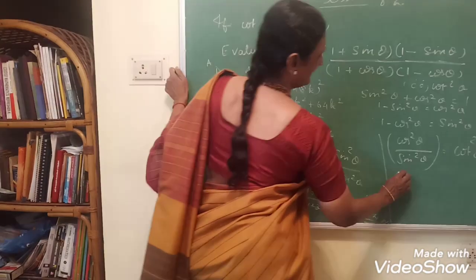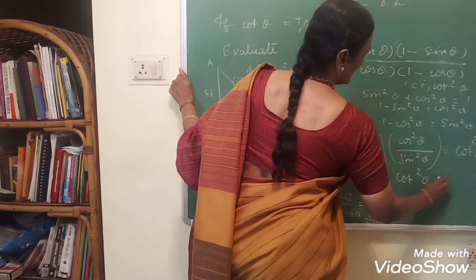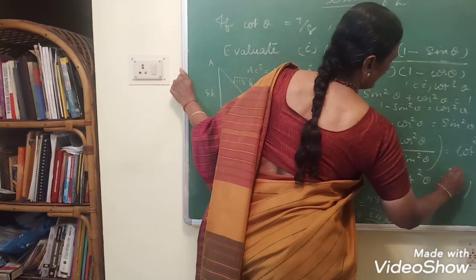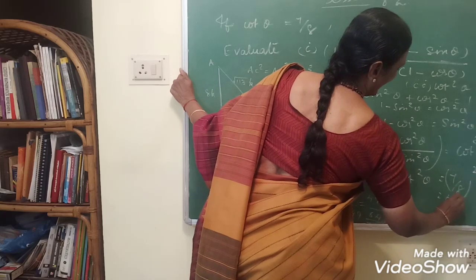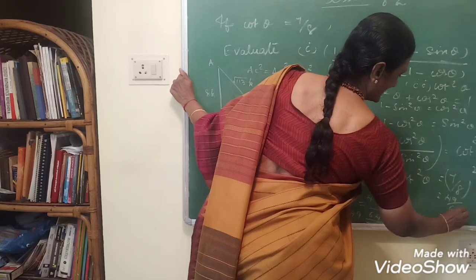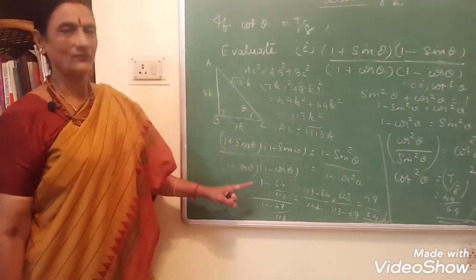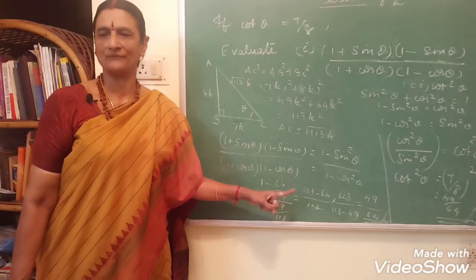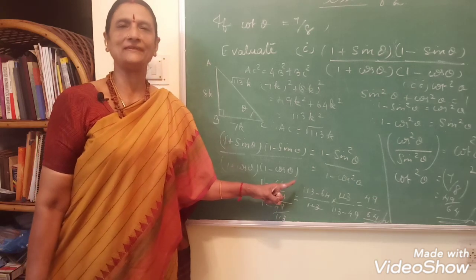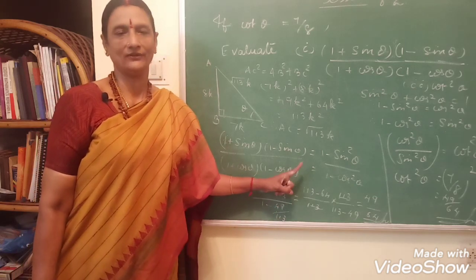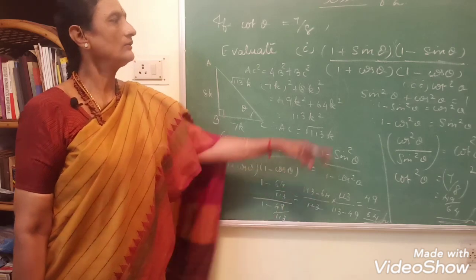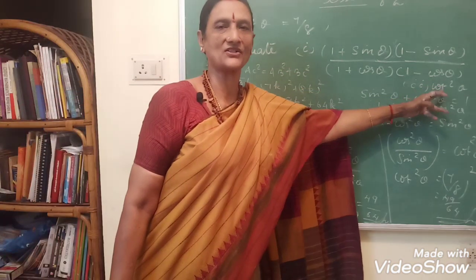Therefore, cot square theta is 7 by 8 the whole square. We will get 49 by 64. Both the methods, you are getting the same answer. You have to verify for your satisfaction. So how many of you got the same thing like this? Okay, very good.